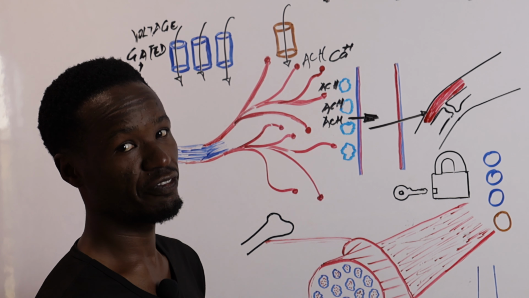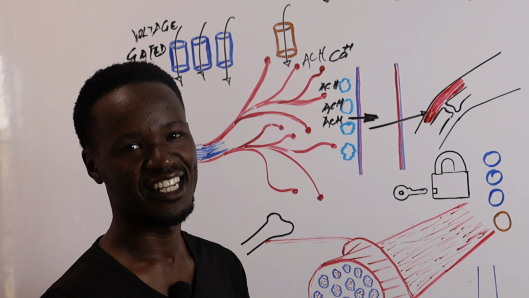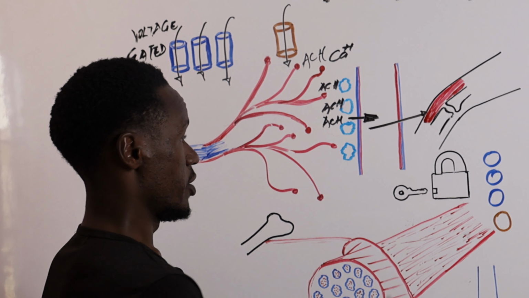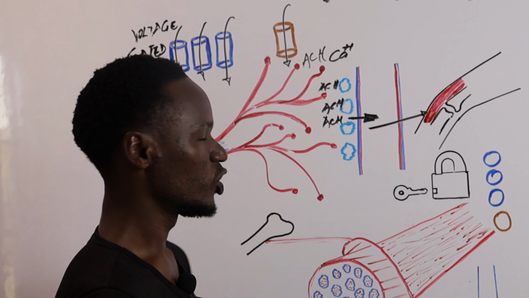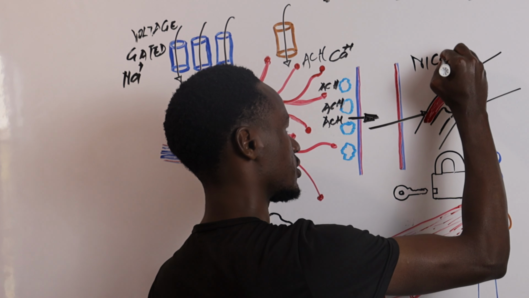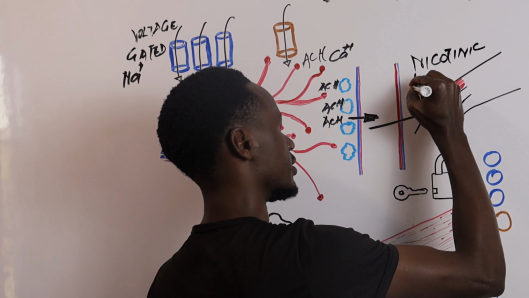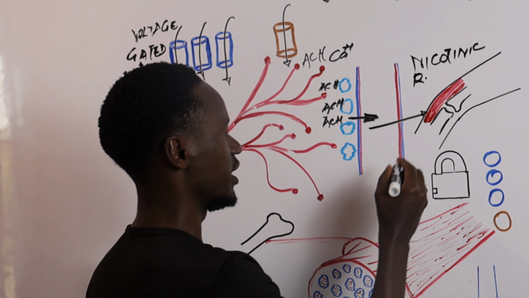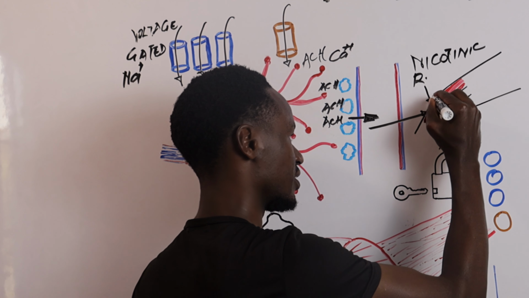We have got two types of them: nicotinic receptors and muscarinic receptors. So acetylcholine binds to the nicotinic receptors, and by binding onto it, it tells the muscle, you can now contract.